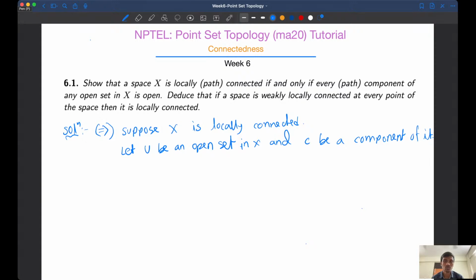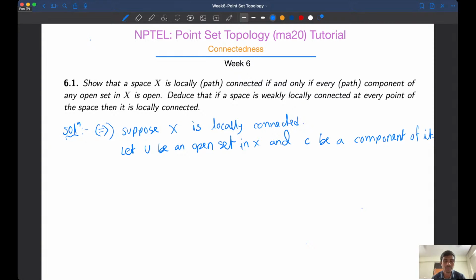Any idea how to get this openness of C? To prove C is open, you have to prove every point inside it is an interior point, right?